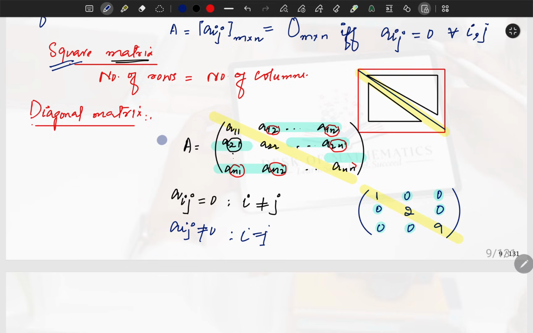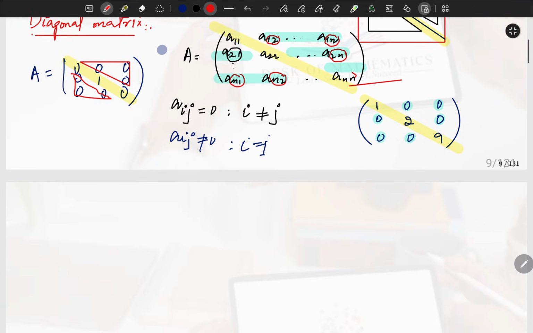Or for example, a matrix A equal to 0 0 0, 0 1 0, 0 0 0 is also a diagonal matrix. Here you only have to observe that the upper triangular part is 0 and the lower triangular part is 0. You do not care about the diagonal elements. This is called the principal diagonal. Clear?